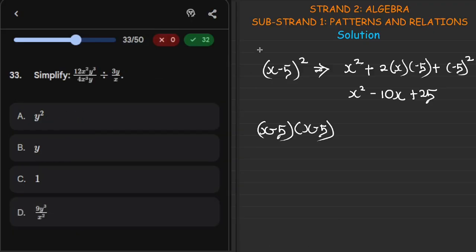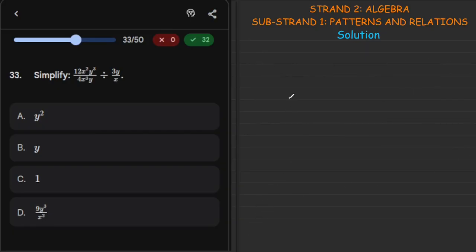Question number 33. We have 12x squared y cubed, then all over a 4x cubed y, and it is being divided by a 3y over x. So we know anytime we are dividing fractions, what do we do?